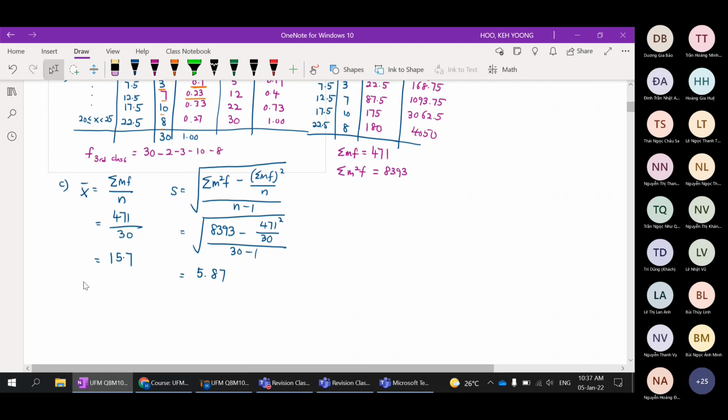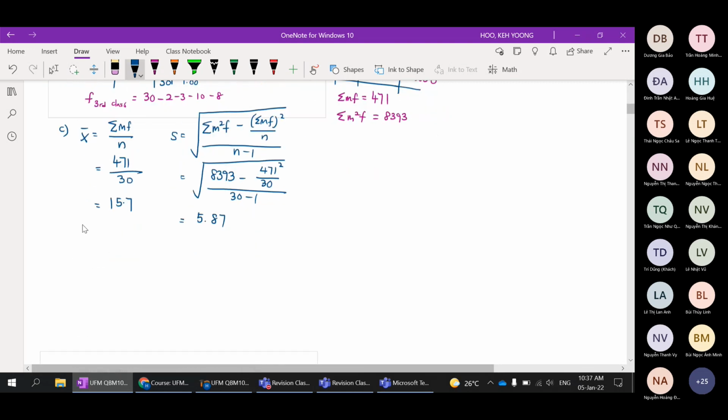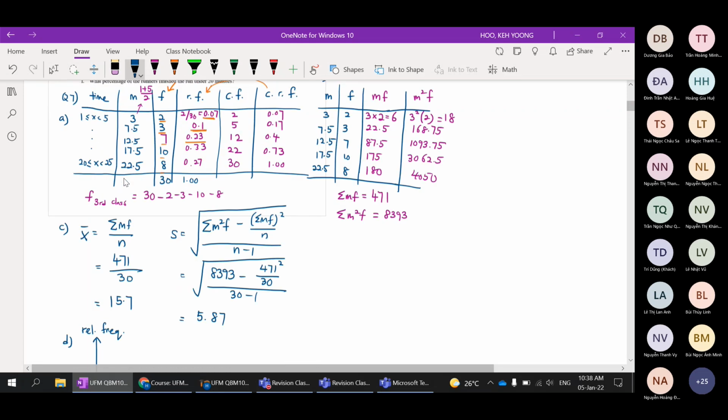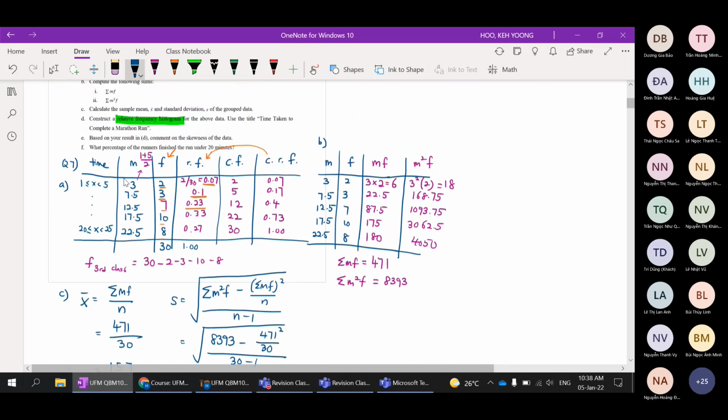So let's draw the graph. For your y-axis, we are using relative frequency. Let's look at the relative frequency column: 0.07, 0.1.